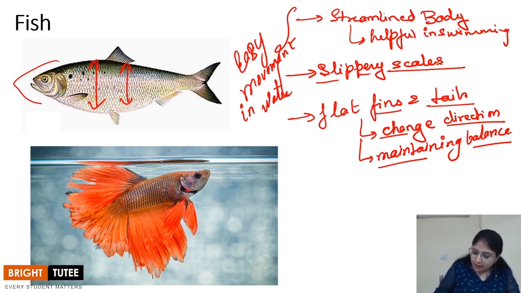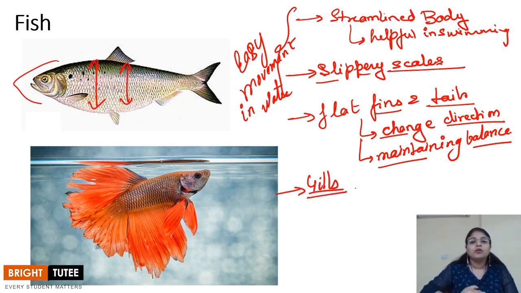Then another feature is the presence of gills. Now we talked about how the oxygen that is mixed in the water has to be taken in by these animals. When we talk about the animals of the land, say for example camel, we know that lungs are there which help in the exchange of gases. But in the case of fishes, there are gills.